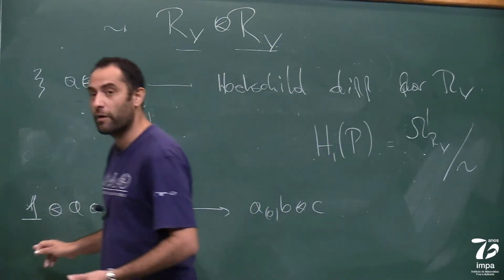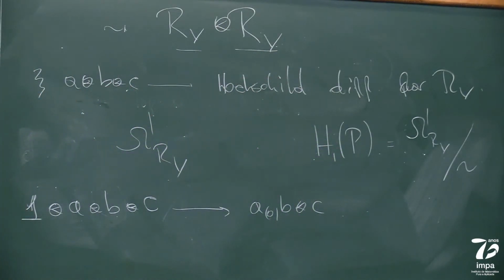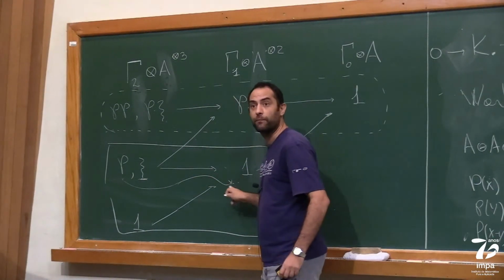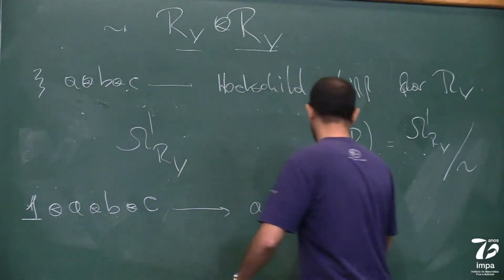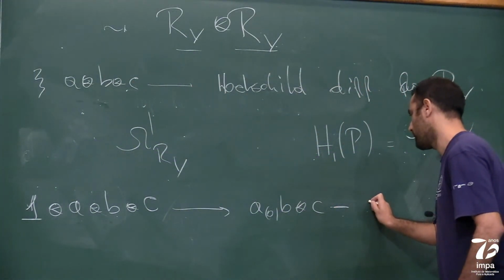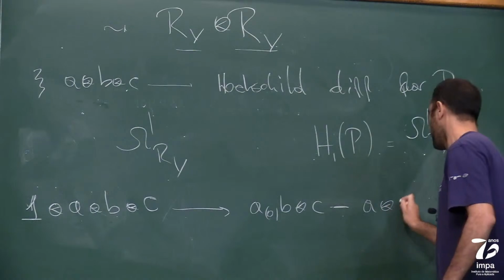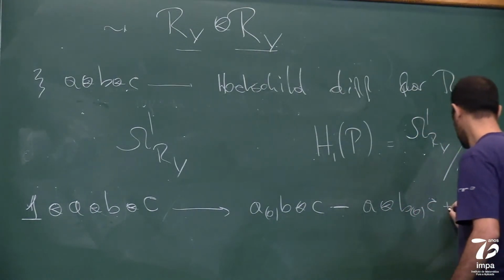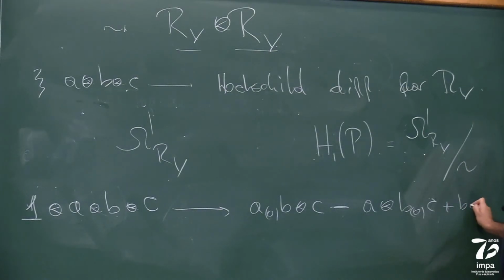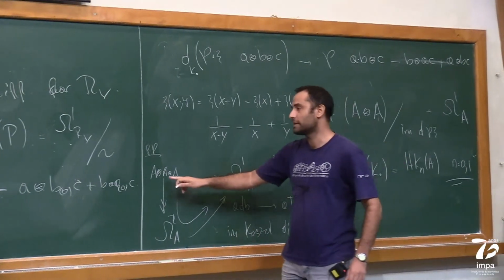This time I do care about the regular part because I'm going up in the differential. I'm not going in the same degree. So this gives you this minus, modulo perhaps a sign, but it looks like this. Plus B tensor A0C.